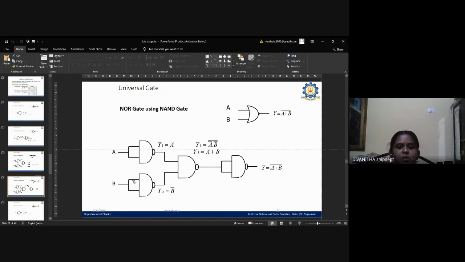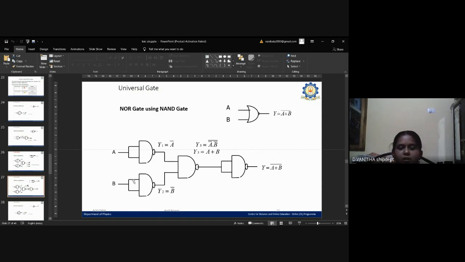Next, the outputs of the first two NAND gates are taken as the inputs of the third NAND gate, and the output of the third NAND gate is taken as the input of the fourth NAND gate.